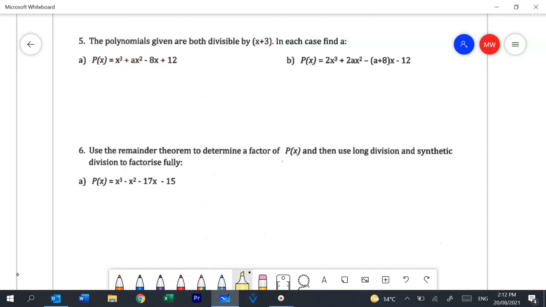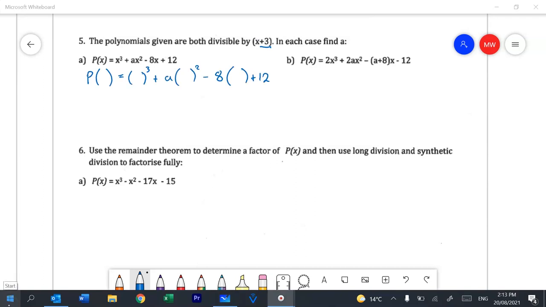So what we'll do is we'll start by replacing all of our x's in this first equation with minus 3, the opposite to the plus 3 here. So we'll put those in. And now what we'll do is we'll solve it.